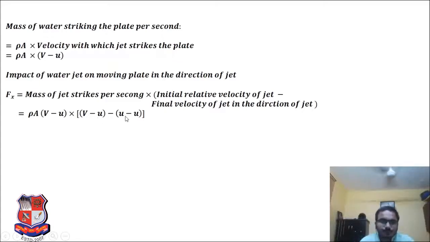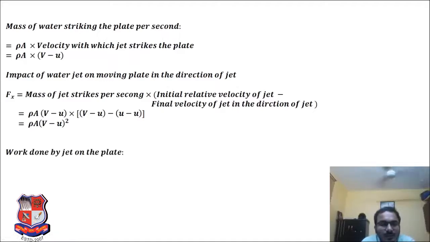So here, after striking the plate, the jet is also moving with velocity u. So with respect to the plate, we don't have any velocity present. That's why it will become 0. To repeat, here after striking the plate, the jet is also moving with the velocity of the plate. That's why there is no relative velocity after striking. That's why this term will become 0 and we will obtain this formula.